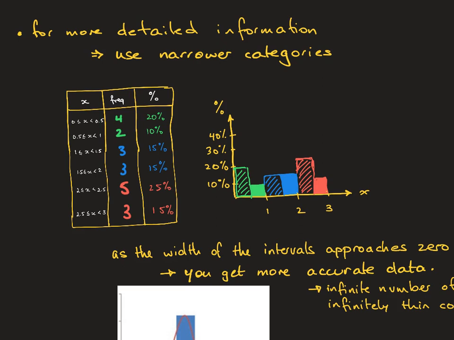If I wanted more information about the data, I could break the categories down into much narrower categories. So you can see here I've split my 0 to 1 category in half, and now I've got 0 to 0.5, and there's 4 data points that were in that, and 0.5 to 1 there was 2 data points in that.